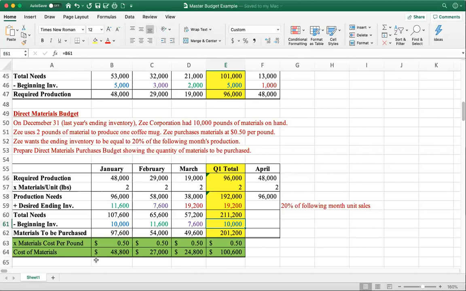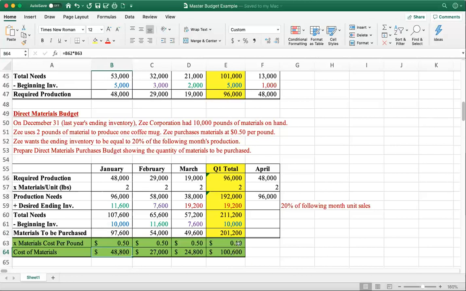Each pound of material is 50 cents as given in the question, times the material to be purchased, which is 97,600. So this will give you January's cost of material, 48,800. Similarly, we can calculate for February and for March.